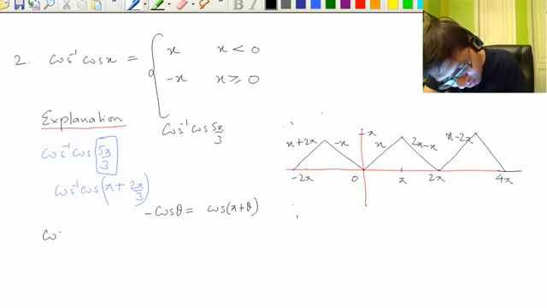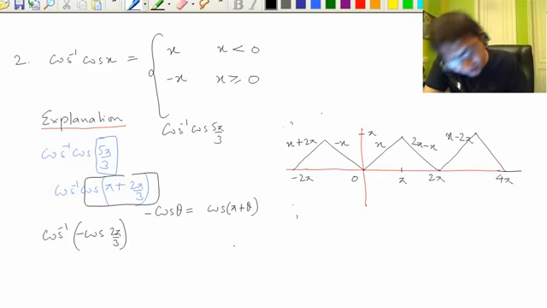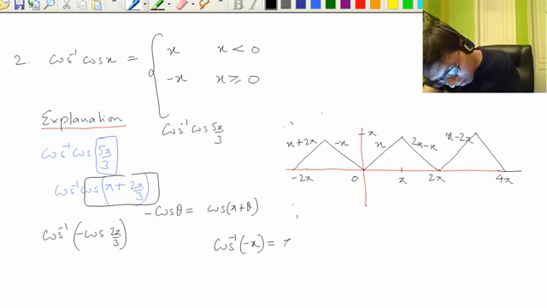So we can write this as cos inverse of minus cos 2 pi by 3, right? And then for this minus sign we have a formula, which will come later. If you take the minus sign outside from cos inverse of minus x, it comes out to be pi minus cos inverse x.